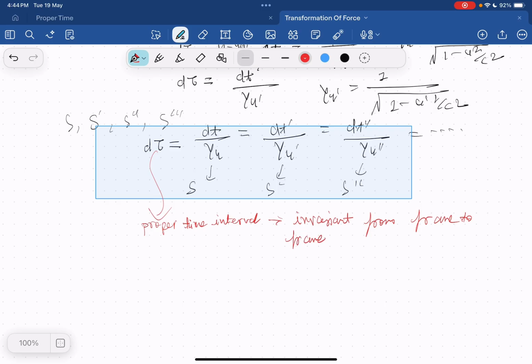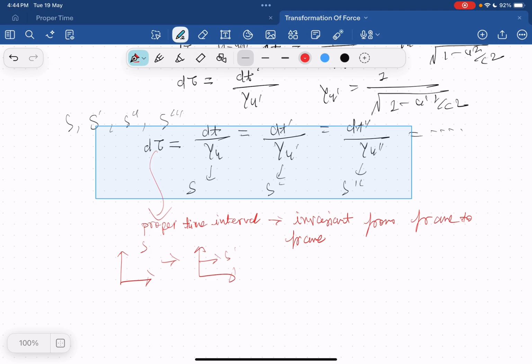That is, as we transform from one frame to another frame, the proper time interval remains invariant. It doesn't change.